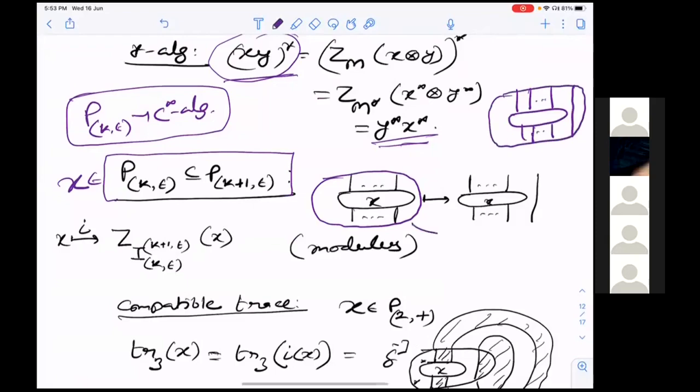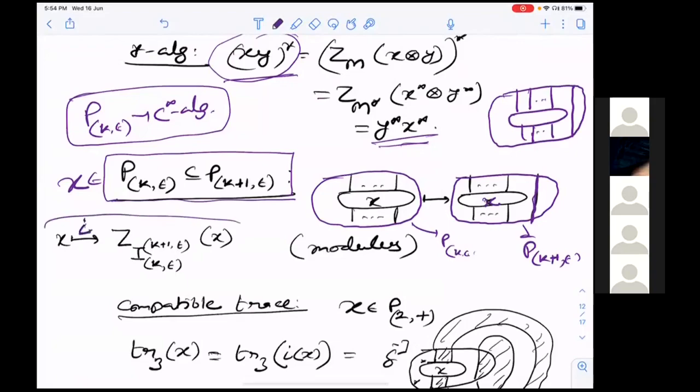If you take this triangle and put X here, the output will land in P_{k+1}^ε, because we have a vertical string there. So this is the inclusion. Call this inclusion iota: X goes to this map. All this triangle I have described properly in the previous lecture, so there should not be any confusion there.